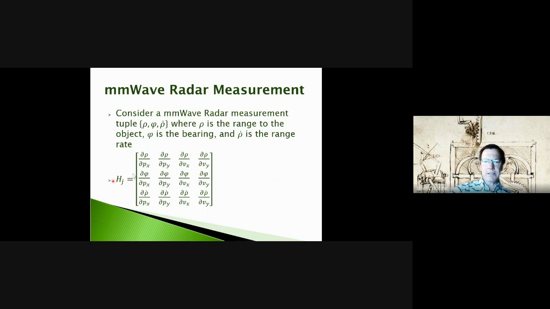And now we can take these partial derivatives of the range with respect to the position in x, y, and velocity in x and y, and then so on with these others, right?